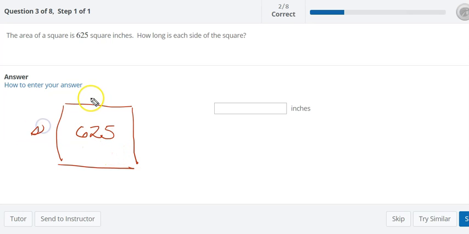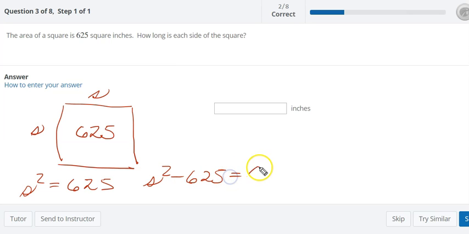So it's this side times this side, so it's s squared equals 625, and in standard form it's going to be s squared minus 625 equals 0.